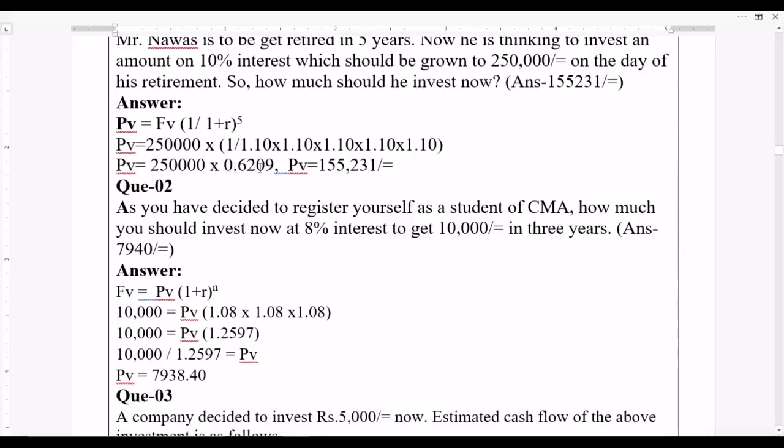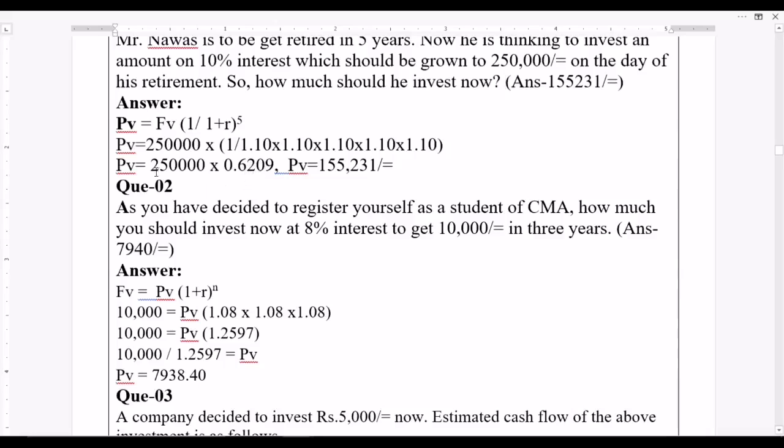This means the present value of 1 rupee is 62 cents.